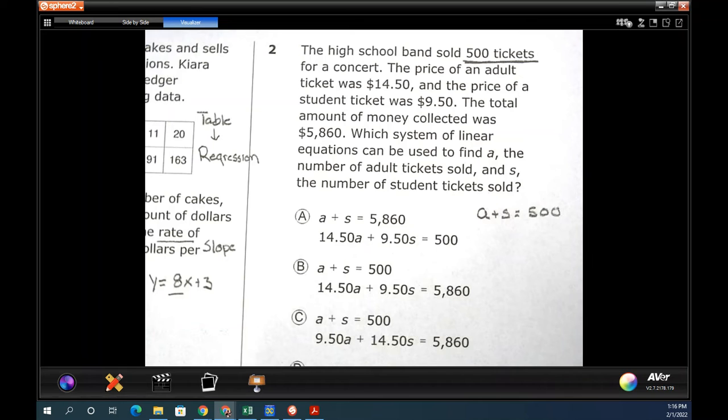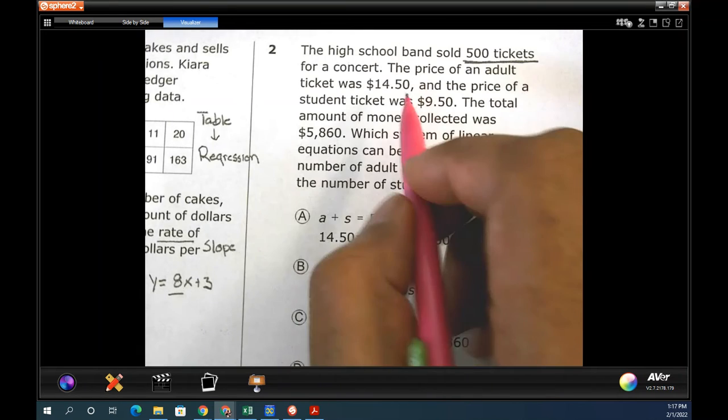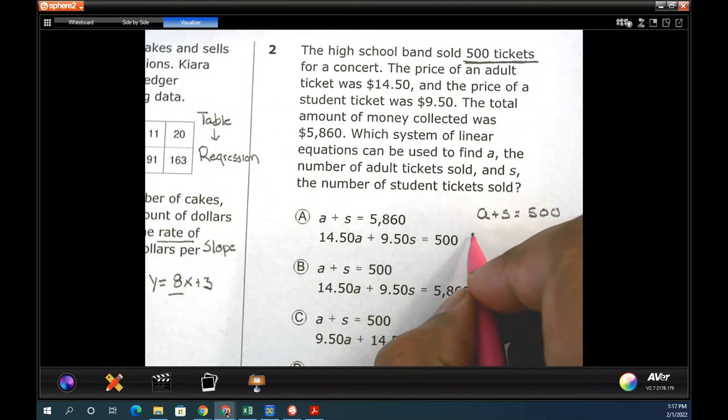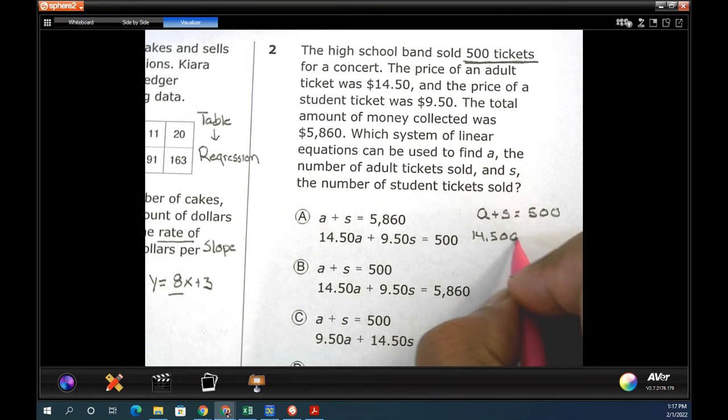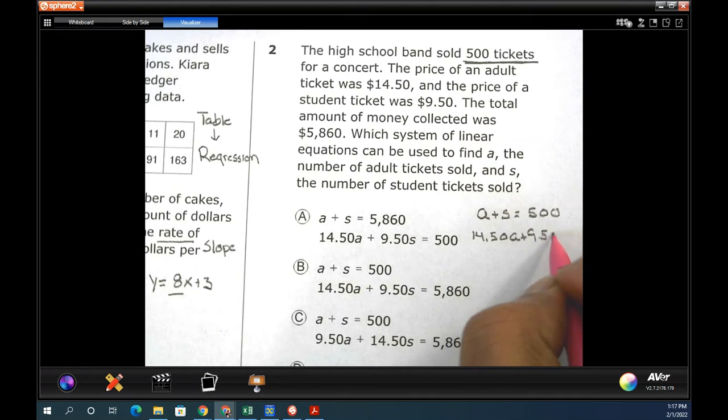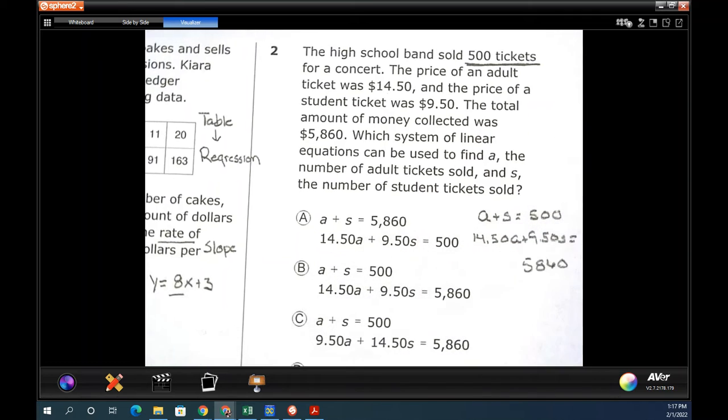That's the first equation. Now, the rest of it is matching. Should be 14.50, that's the price of an adult ticket, plus 9.50 S equals, and I'm going to have to come down here, $5,860. There's your second equation.